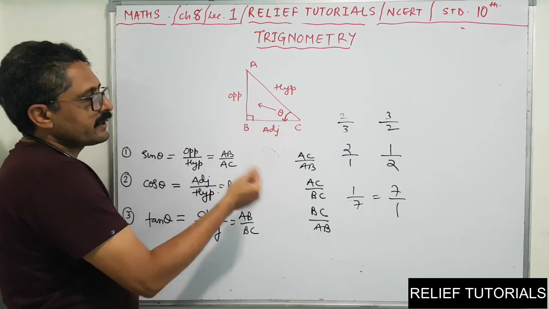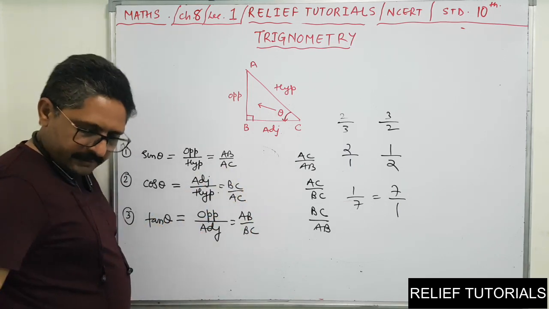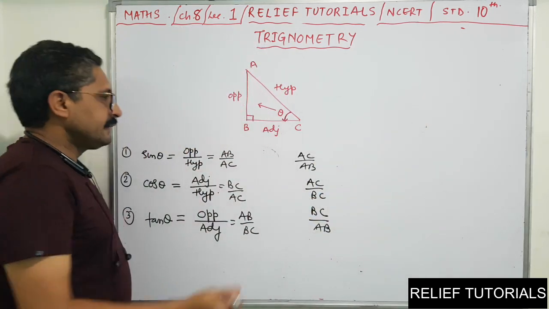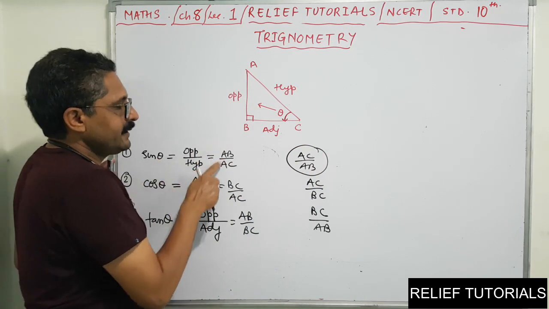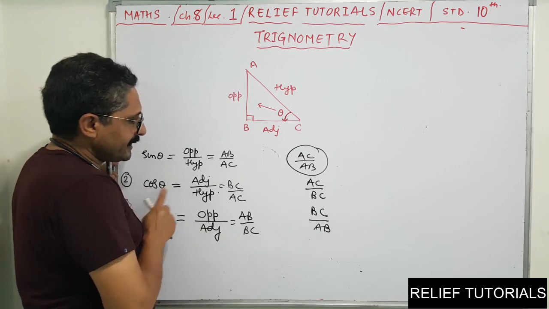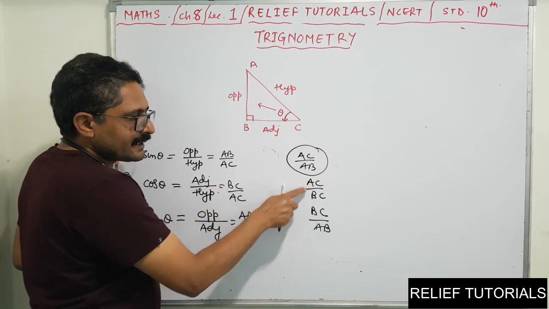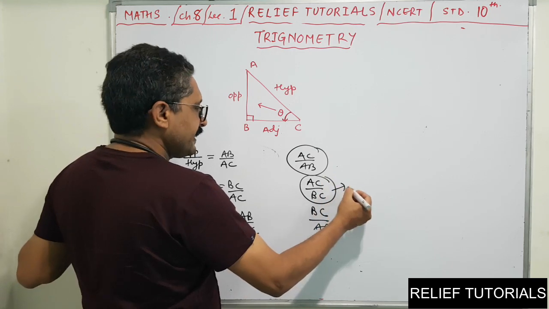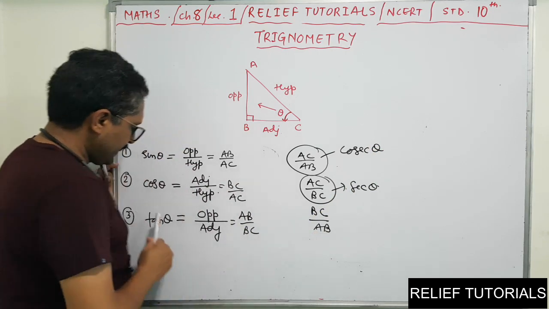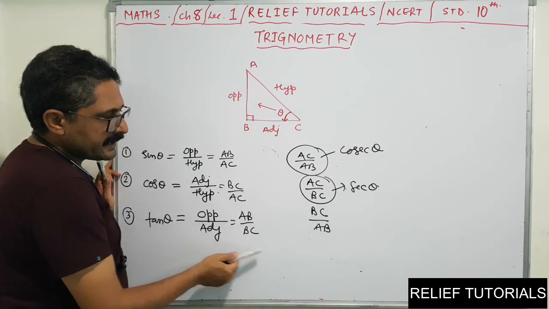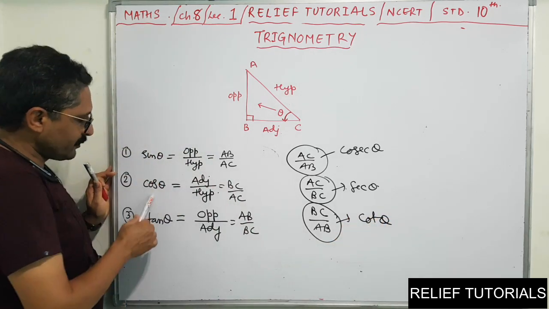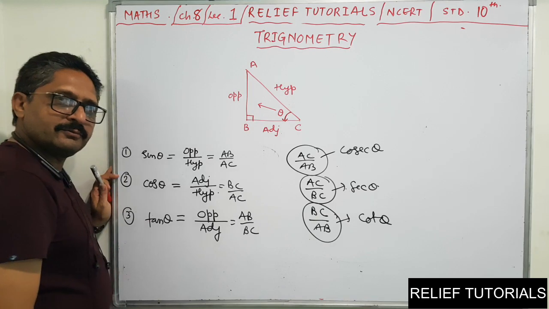So the reciprocal of sine, AB upon AC, is AC upon AB, given the name cosec theta. BC upon AC, its reciprocal is AC upon BC, given the name sec theta. And the reciprocal of AB upon BC, that is BC upon AB, is given the name cot theta. So we have six ratios. Clear?